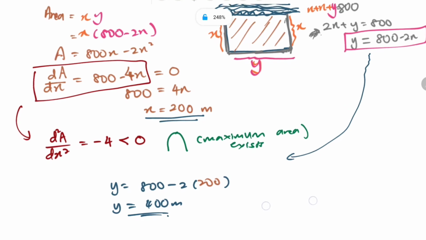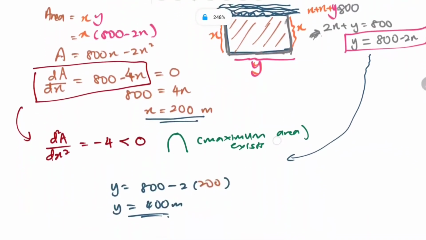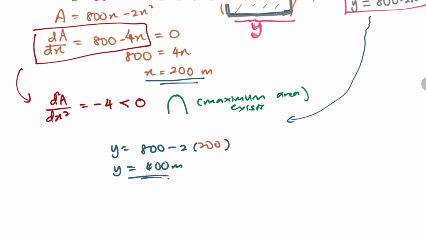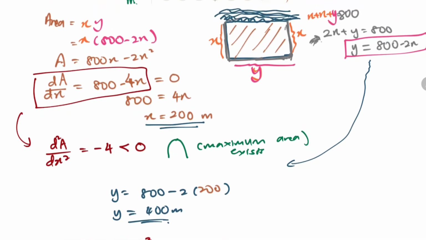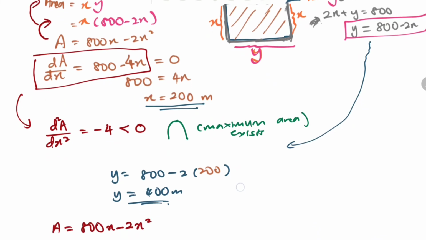Okay, next, to find the largest area means you have to find the value of the area which maximizes. So the area function is 800x minus 2x squared. But we also have another equation for area, which is x times y. So you can use either one.